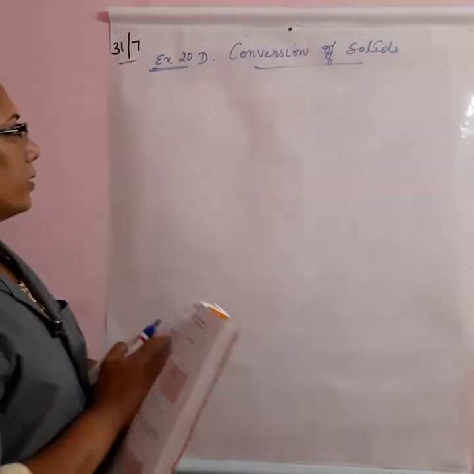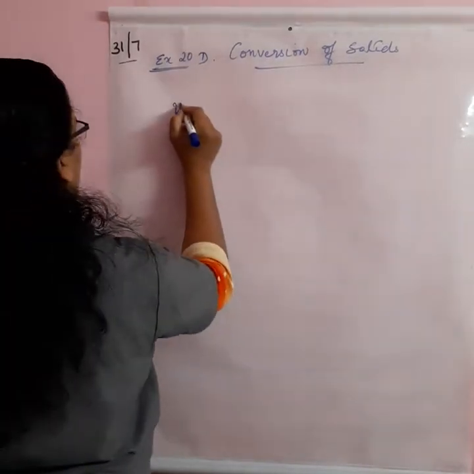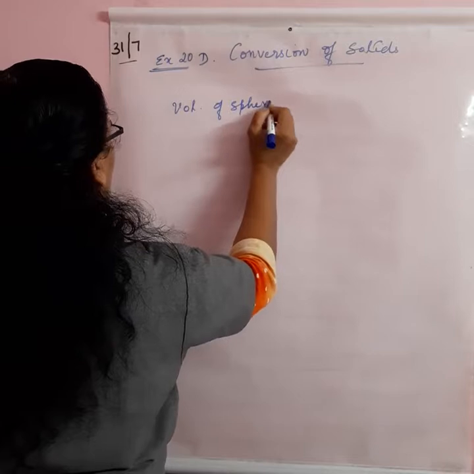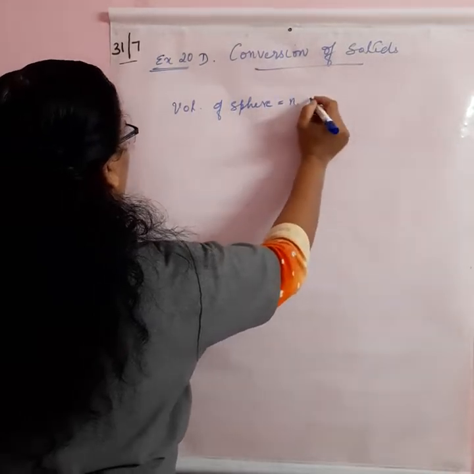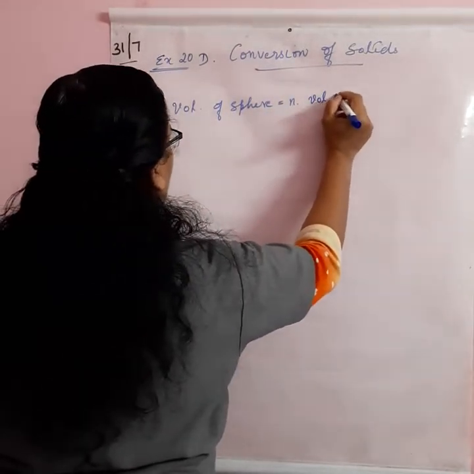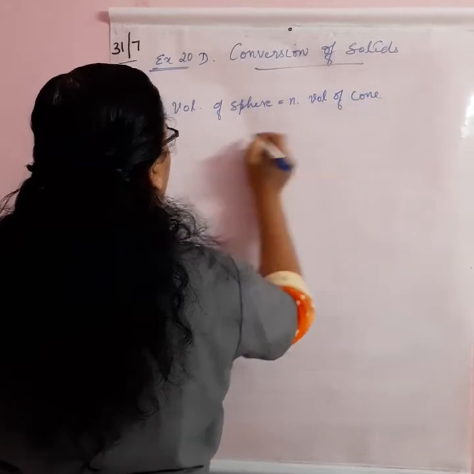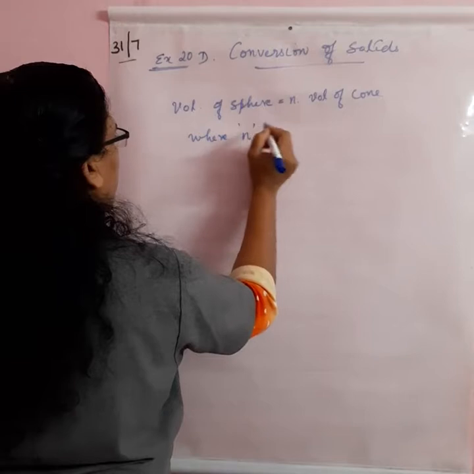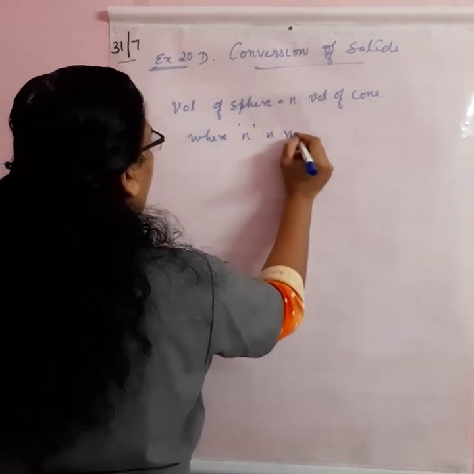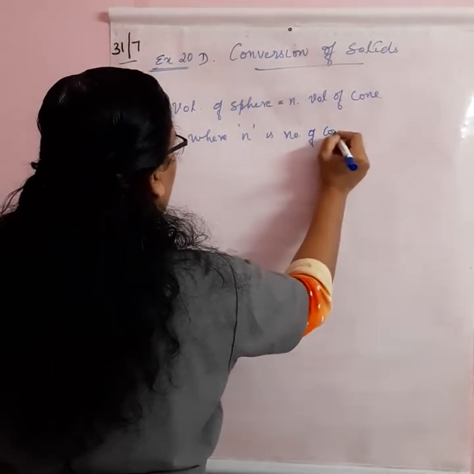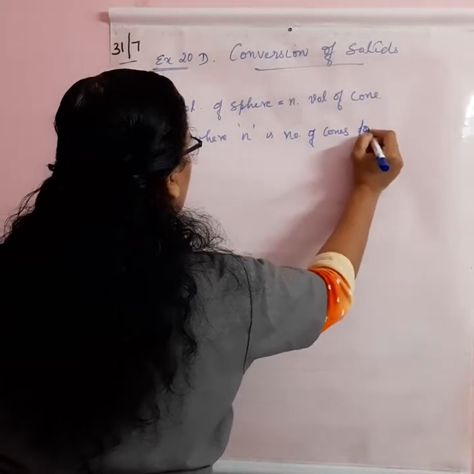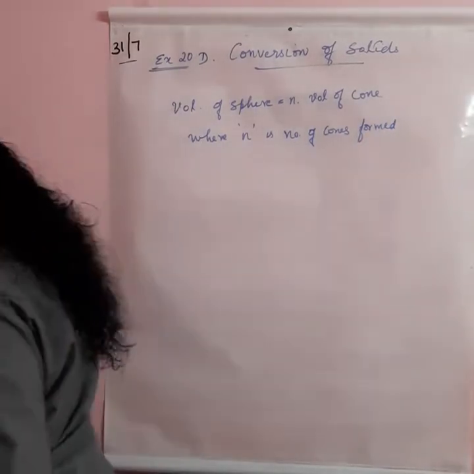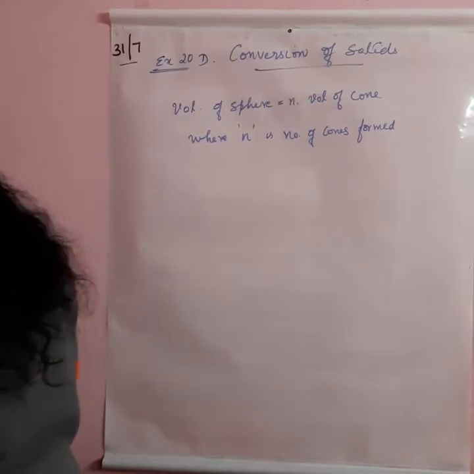The volume of the sphere is equal to n into the volume of the cone, where n is what you have to find out. N is the number of cones formed or number of cones recasted.